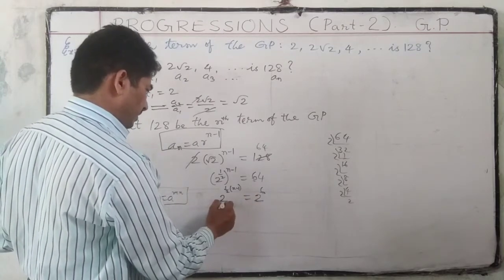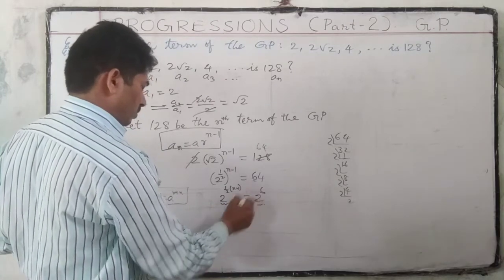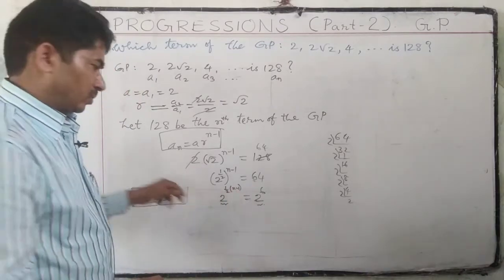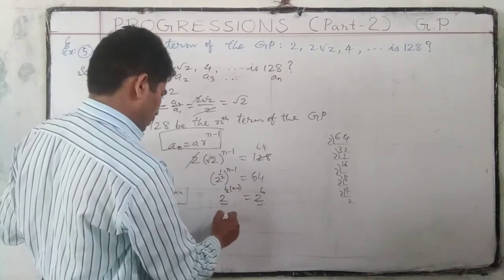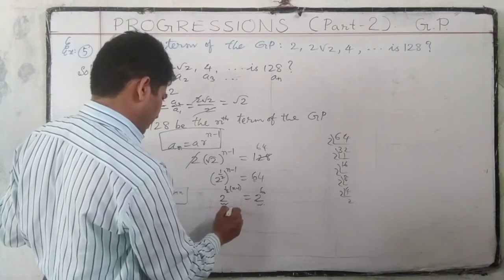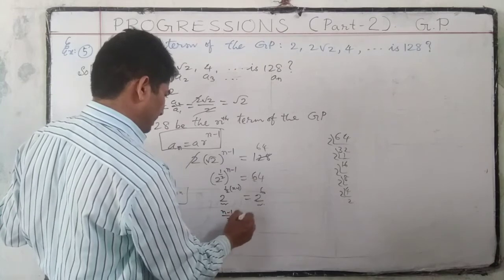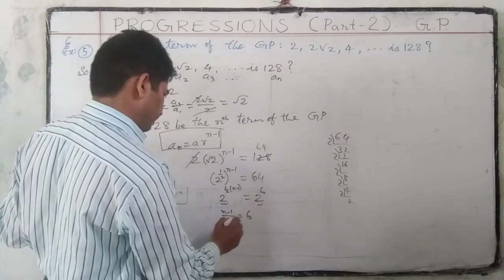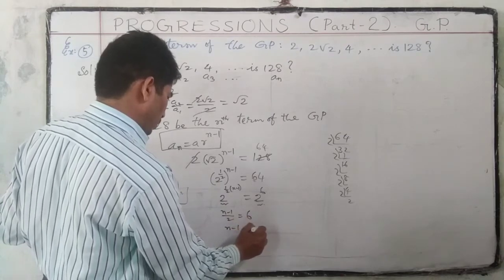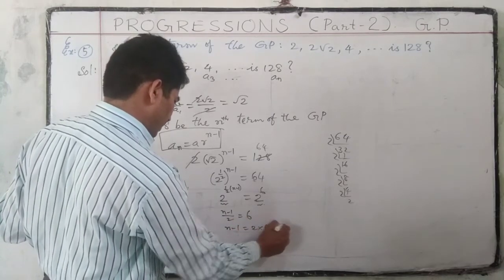So here bases are equal, then powers, exponents are also equal. So 1 by 2 into n minus 1 is equal to 6. So n minus 1 is equal to 2 into 6 is equal to 12.